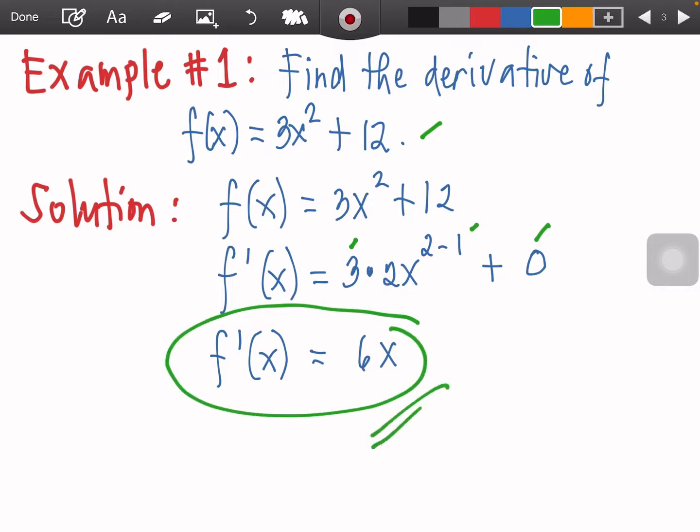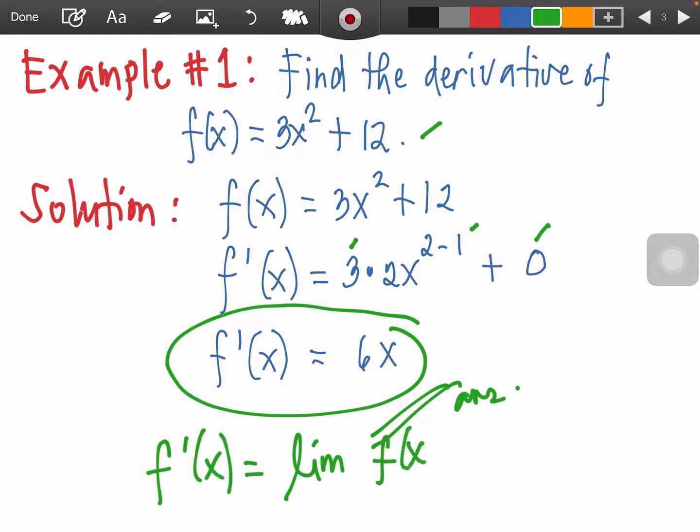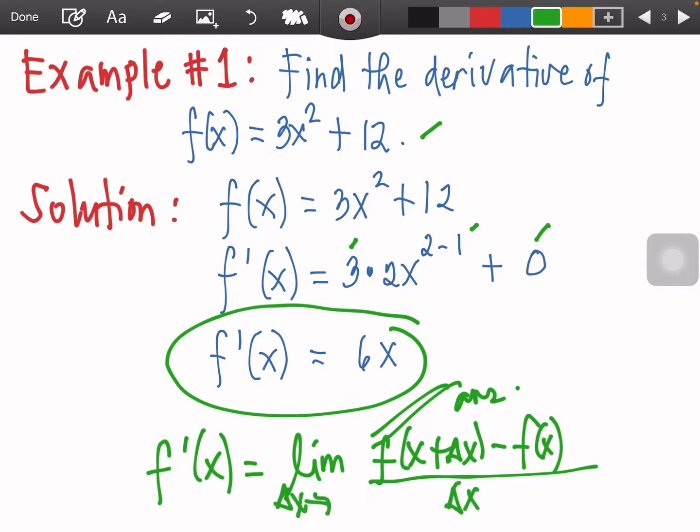I hope this is familiar already because this was the derivative that we obtained from the definition of the derivative using the formula f prime of x equals the limit of f of x plus delta x minus f of x all over delta x as delta x approaches 0. If you can remember, we obtained the same answer.